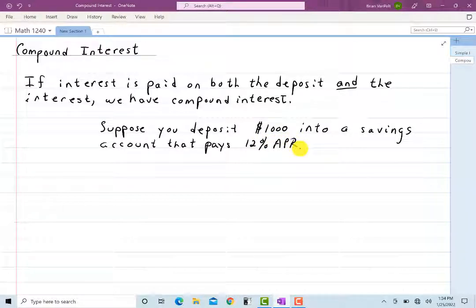Now I use that number just to make the numbers that I'm going to do next easier. There's no way you're getting 12% interest. That's way too high. But nonetheless, it'll illustrate what I'm talking about.